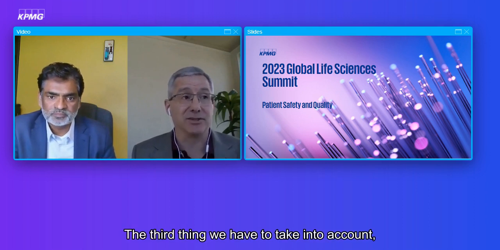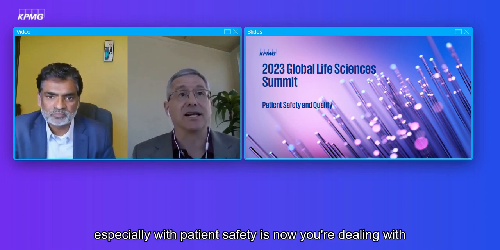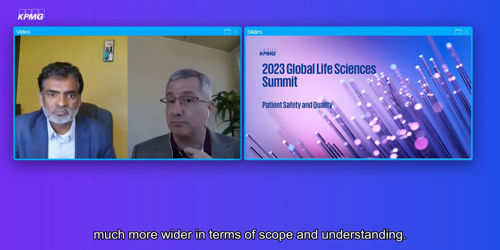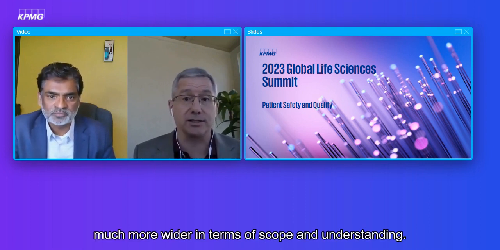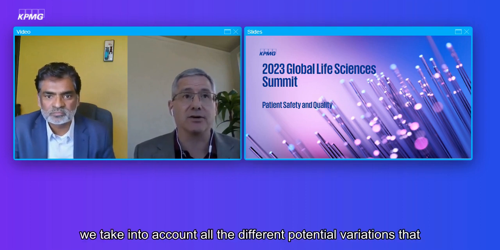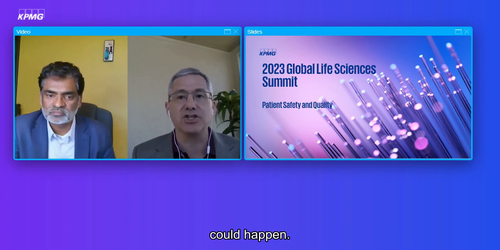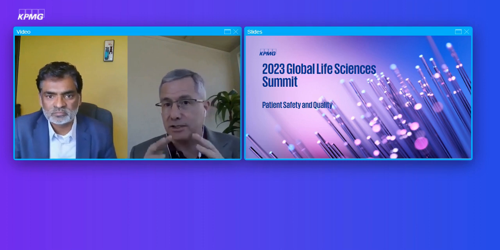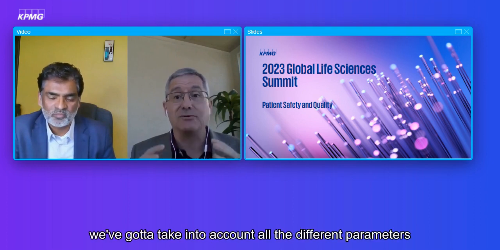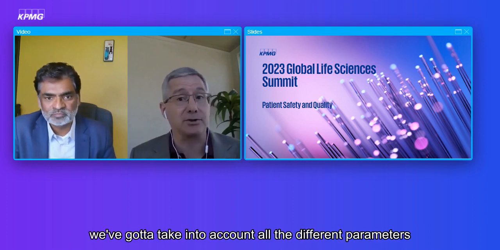The third thing we have to take into account, especially with patient safety, is that now you're dealing with a user base that is much broader and wider in terms of scope and understanding. We need to make sure that we take into account all the different potential variations that could happen, the intended uses and potentially intended misuses. We've got to take into account all the different parameters out there.